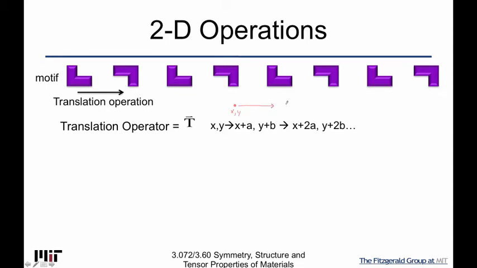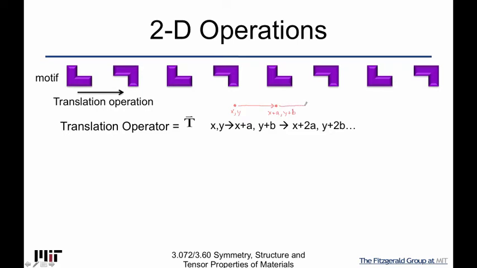If I just translate in some generic coordinate system, this point here is going to be x plus a, y plus b, because this translation vector adds a and b to whatever direction we're going in.